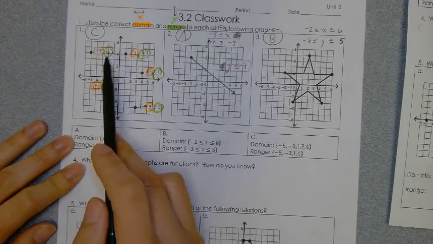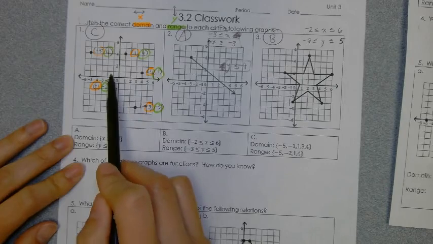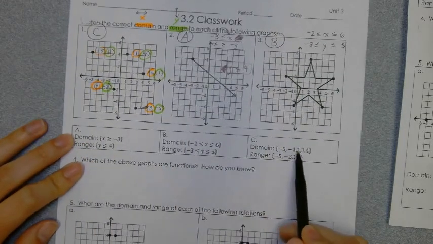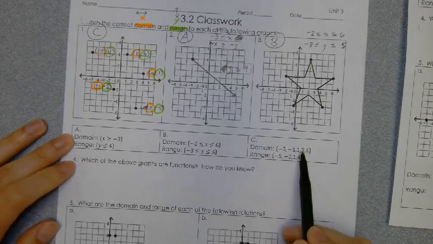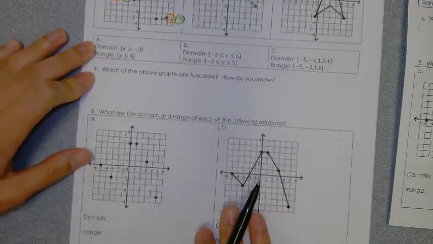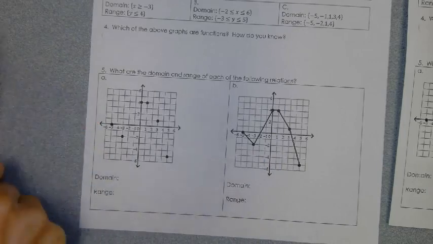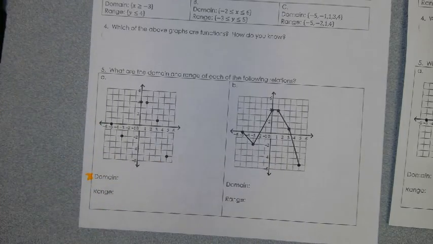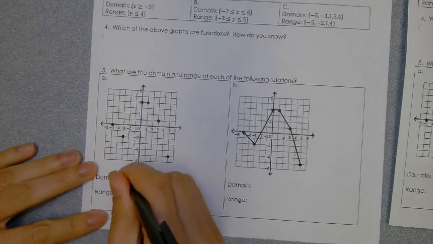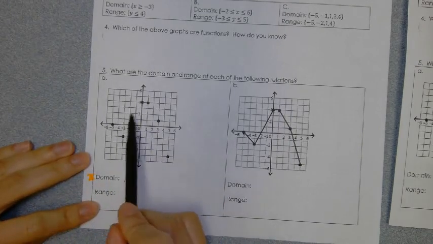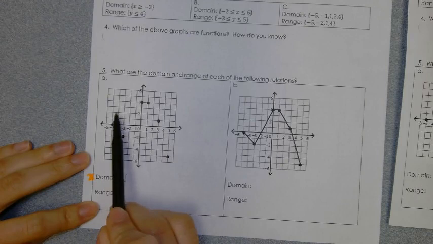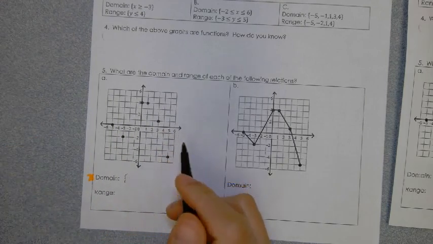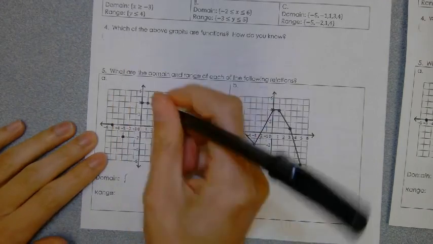Remember, when the points are separate, we're going to write each x and y value separately. So let's do that. Down below, my domain, my x values are going to have separate numbers for each separate point. So let's go ahead and find those coordinates.